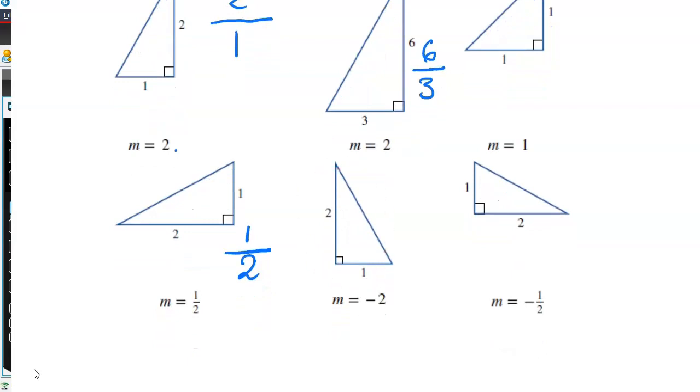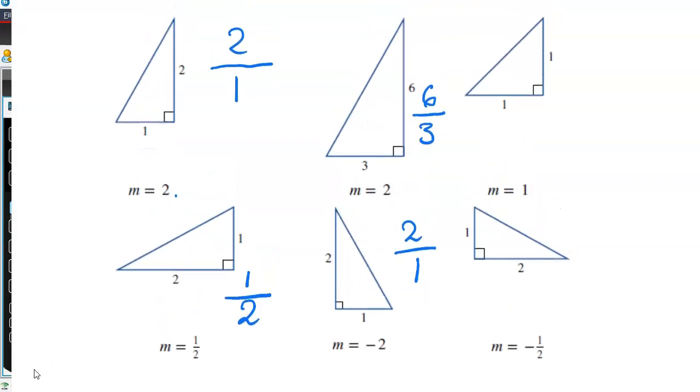Now here, we've got a change of 2 over 1. But you're probably wondering, how come we have this negative here? Well, that's because we tend to read all of these slopes from left to right, okay? And so that is a slope going upwards.